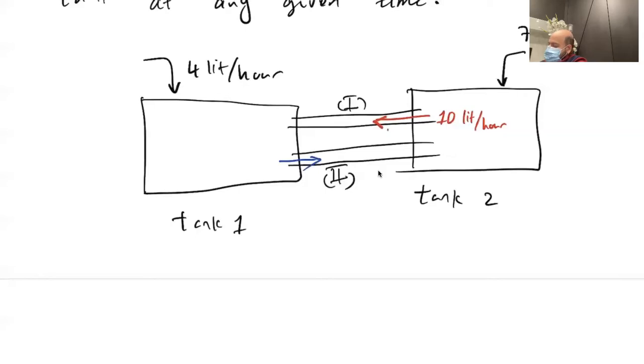So 13 liters per hour goes out here. But not all of it goes to tank 2. 11 liters of it per hour goes out of the system, and only 2 liters per hour goes to tank 2.